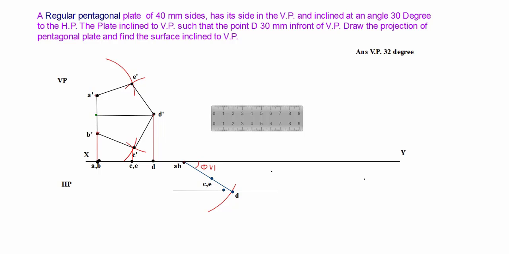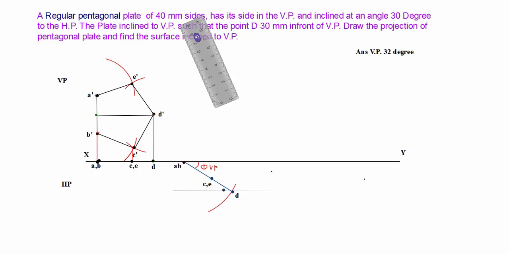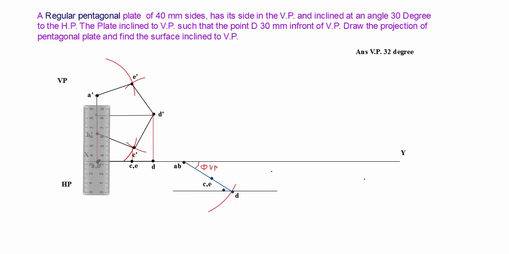Now what is the elevation? So now friends, our plate is inclined to VP. The surface of the entire plate is inclined to VP with one side in VP plane, your AB side in VP plane. So for that, what do we do?